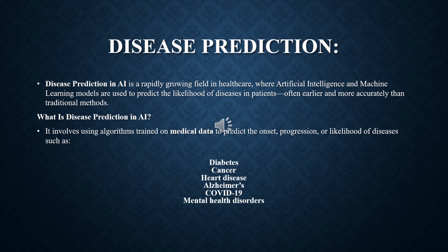Disease prediction with AI involves using algorithms trained on medical data to predict the onset, progression, or likelihood of diseases such as diabetes, cancer, heart disease, COVID-19, and mental health disorders. These are all examples.